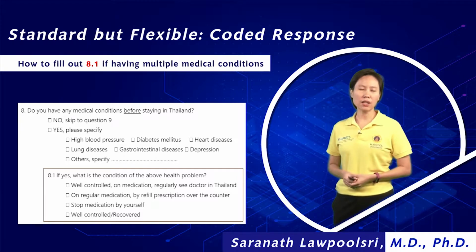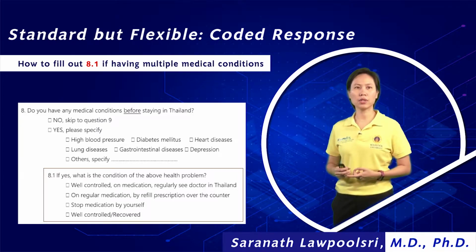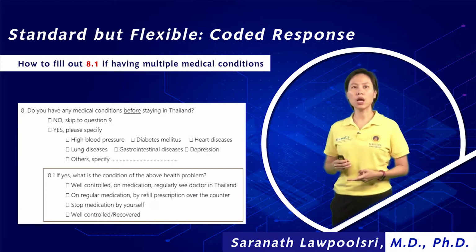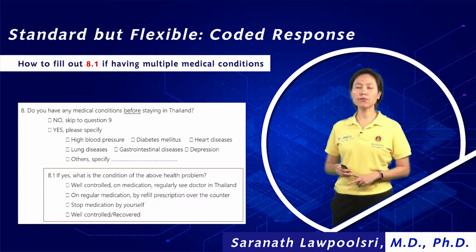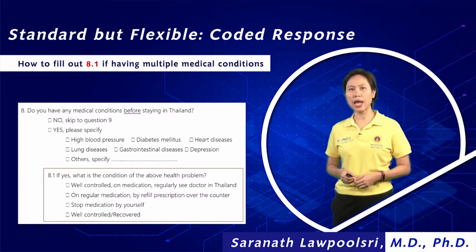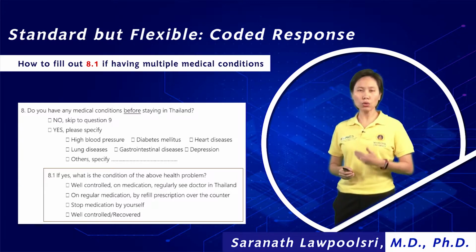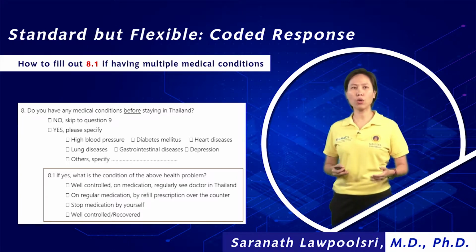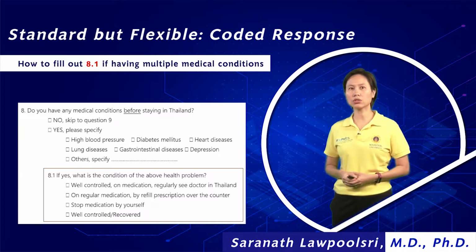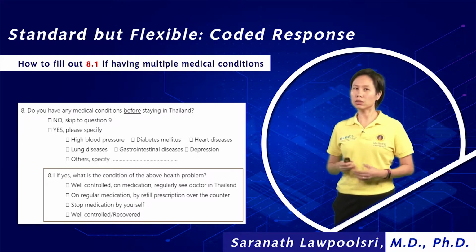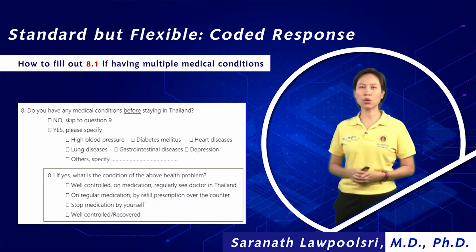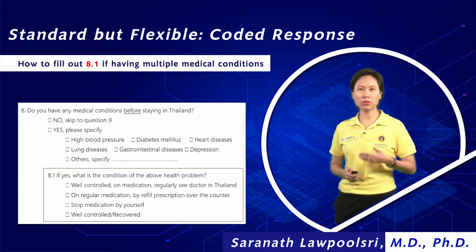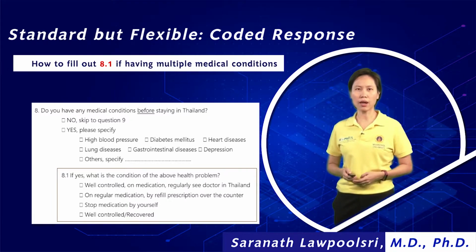Let's think that a person has both hypertension, high blood pressure, and heart disease, and they can check both. But how could they answer question 8.1 if their high blood pressure is well controlled on medication or regularly seen by a doctor in Thailand, but for heart disease they stopped medication by themselves? So there's no way to answer question 8.1. So you have to think about these possibilities when you create the CRF.